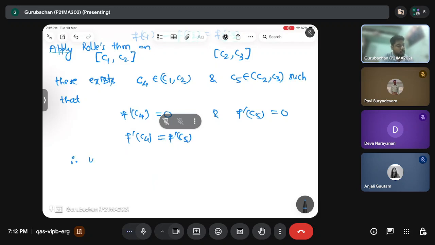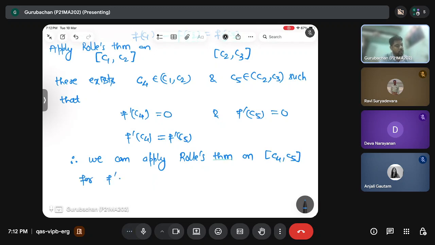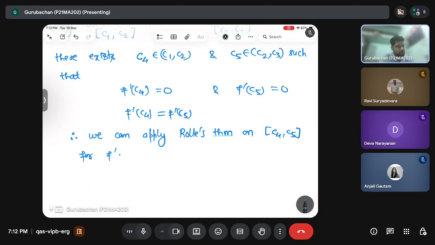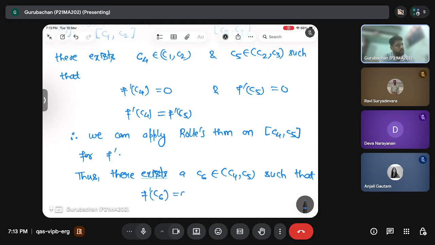Therefore, we can apply Rolle's theorem on [c4, c5] for f dash, which will imply that there exists a c6 between c4 and c5 such that f double dash of c6 is 0.